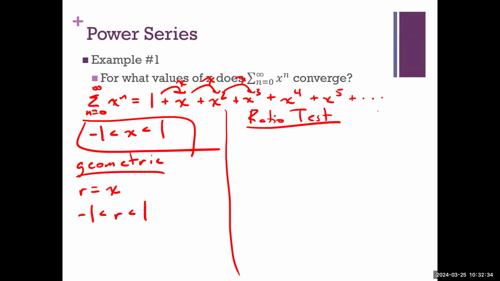When I do the ratio test, am I looking at the sequence or the series? I want to learn about the series, but I'm really looking at the sequence. So I want to know, as n gets really big, what happens to back-to-back terms? What's the ratio between consecutive terms?